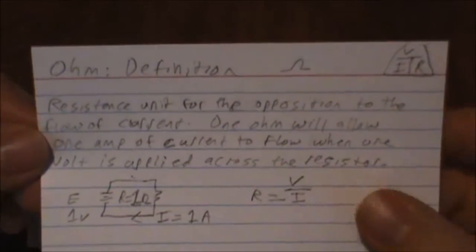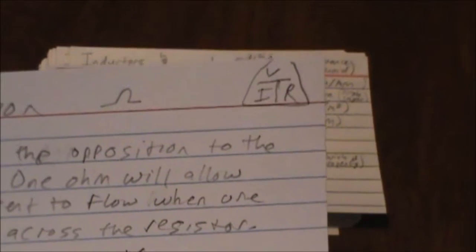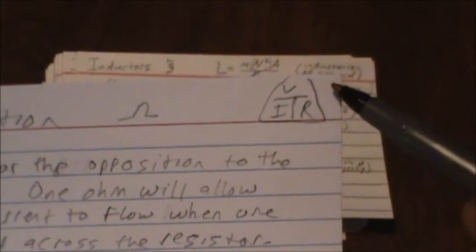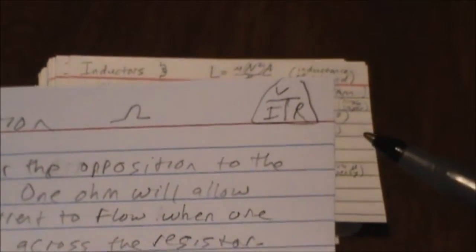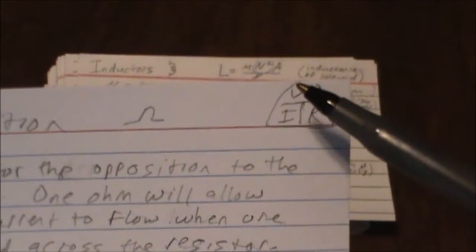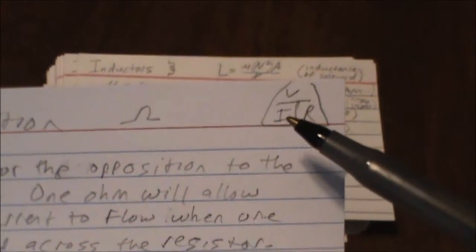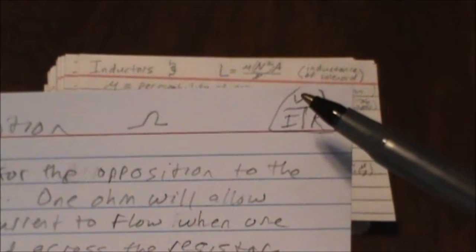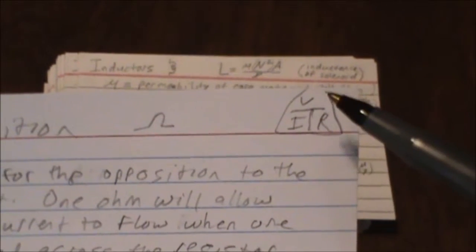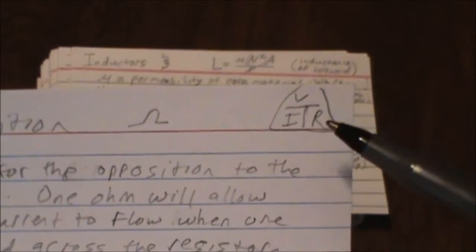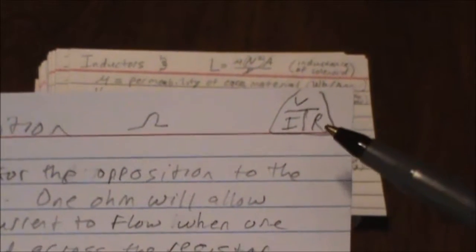Proportional to your voltage. Notice this little triangle up here, VIR. Some people draw it in a circle, but it's an easy way to remember Ohm's law formula. Because V divided by I is equal to R. Think of V and I like a fraction, and that will equal the other corner of your triangle.